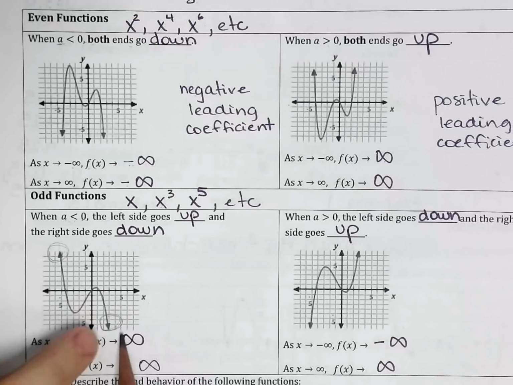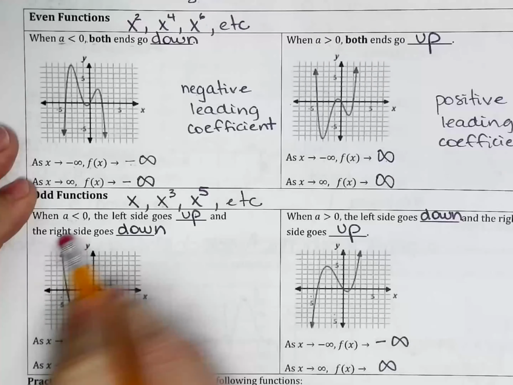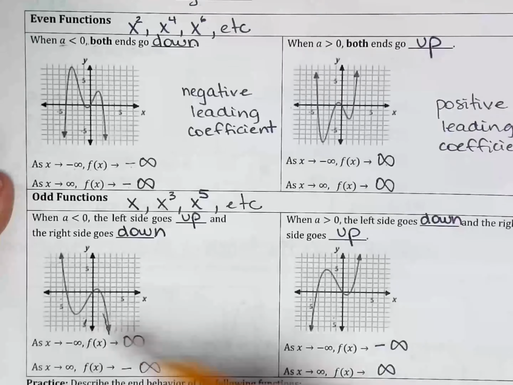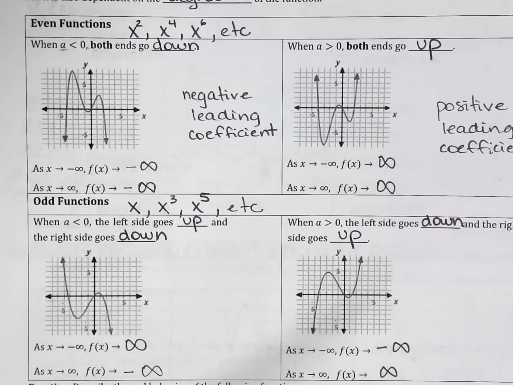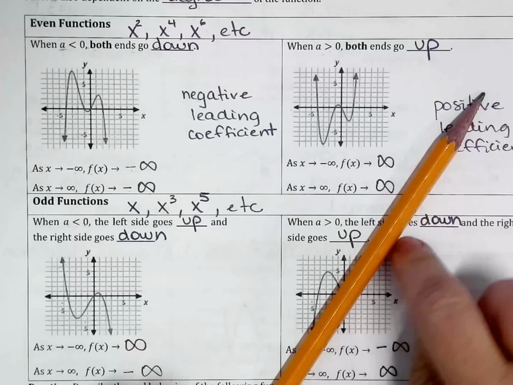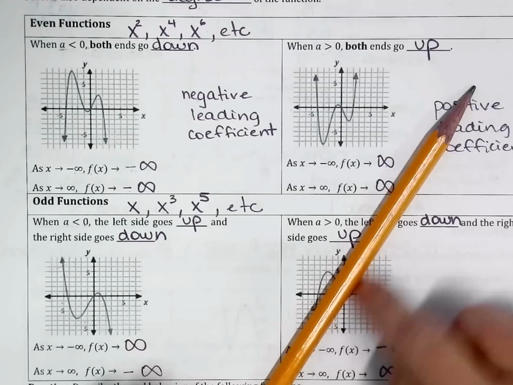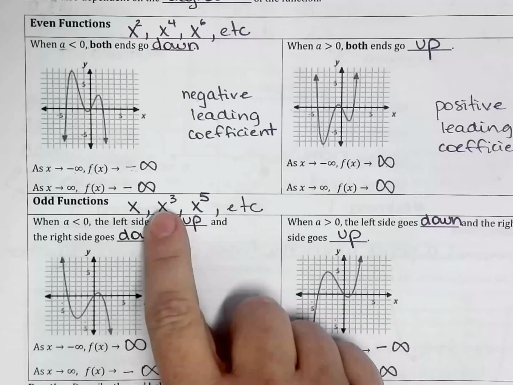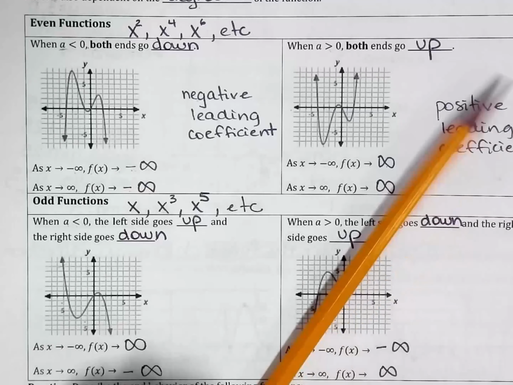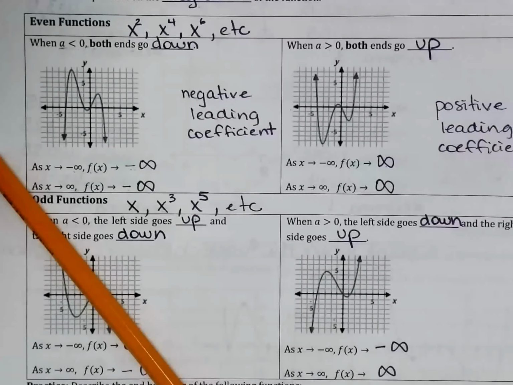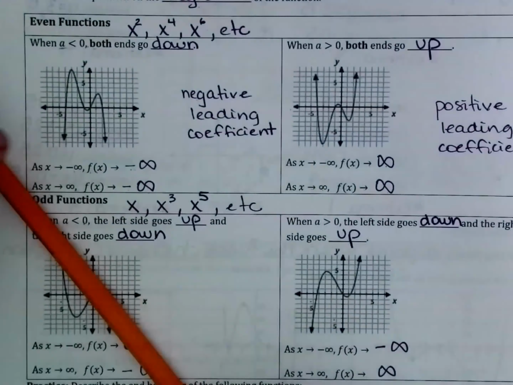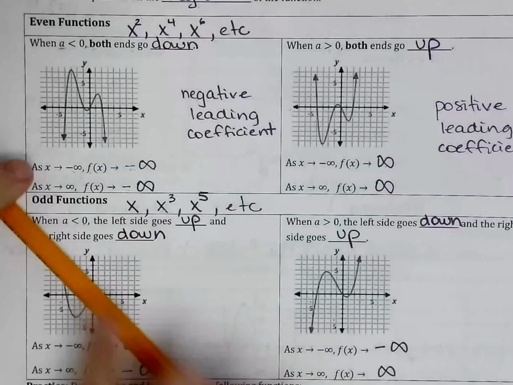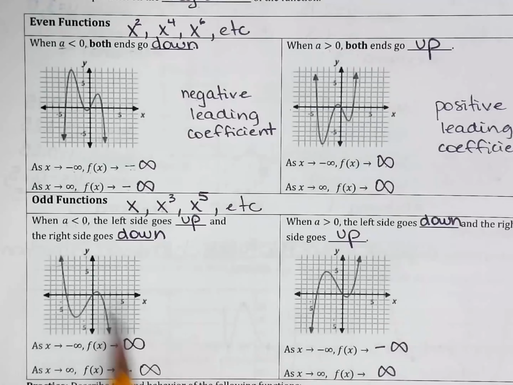So left side up, right side down. A good way for you to remember is positive and negative slope. So a positive slope, a linear function behaves this way, same as any other odd function. And a negative slope goes down like this. That's a good way for you to remember.